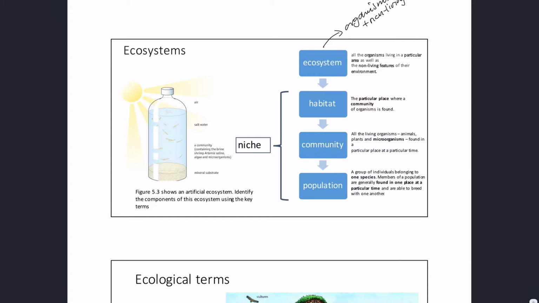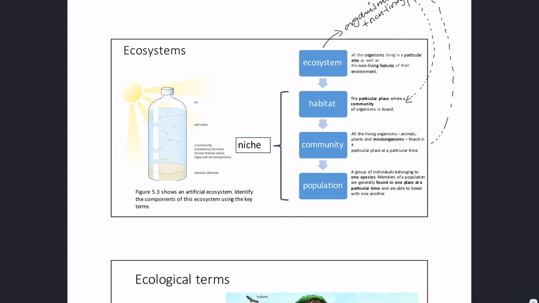The particular place is the habitat, and this is not always strictly true because the habitat of some organisms is another living organism. However, we can think of the habitat as the environment that the organisms live in, and more or less we can think of that as the non-living part. The community we can think of in general terms as all the organisms, including all the different species interacting together.